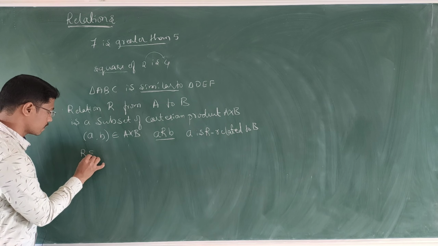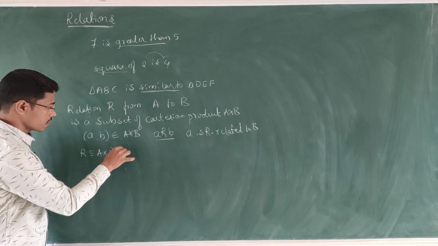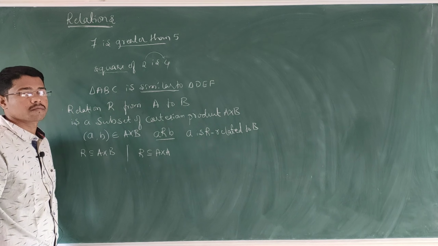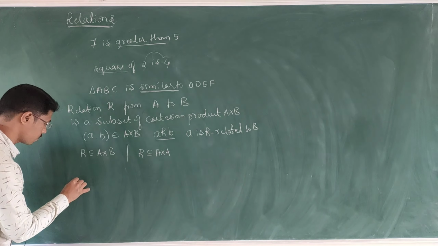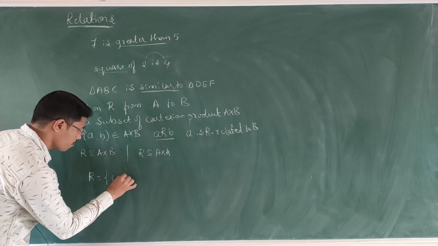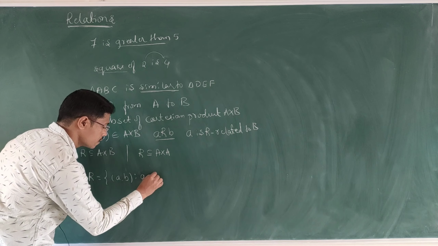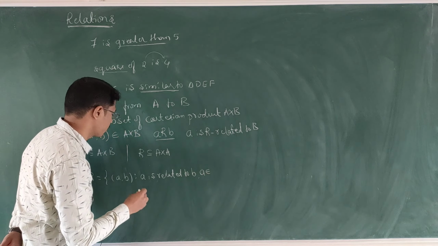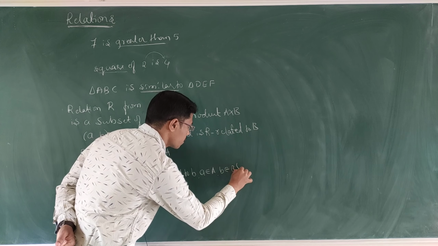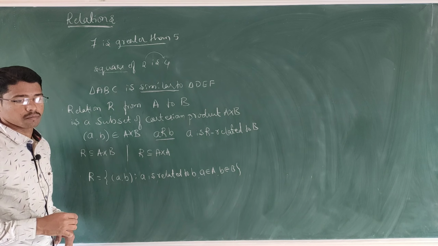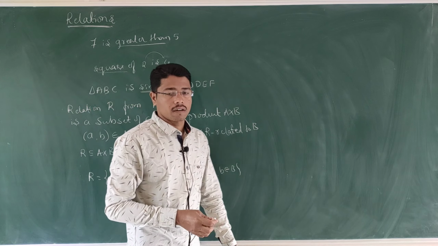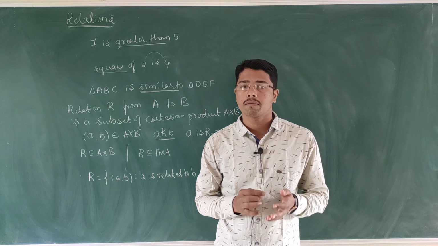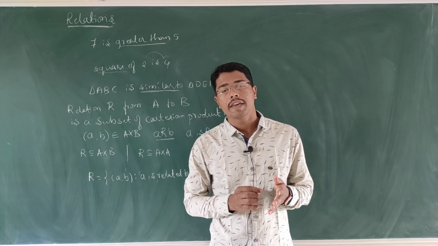We wrote R is a subset of the Cartesian product A cross B. If it is defined on a single set, then R is a subset of A cross A. Therefore a relation is the set of (a, b) such that a is related to b, where a belongs to set A and b belongs to set B. This is the definition of a relation: a subset of the Cartesian product A cross B.